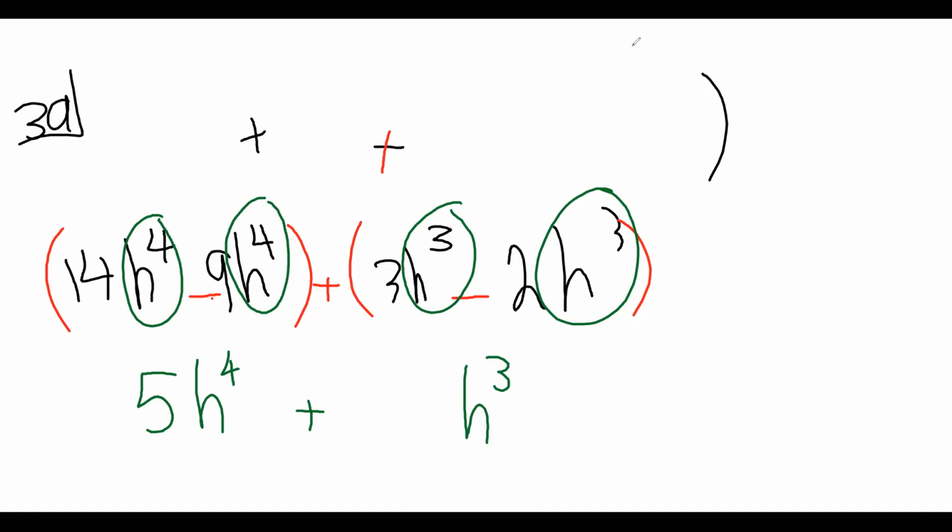Is it clear how you can subtract? Yes. Teacher, I have a question. Yes. This number 14h to the power 4 minus 9h, how did it become 9? It's from the question.